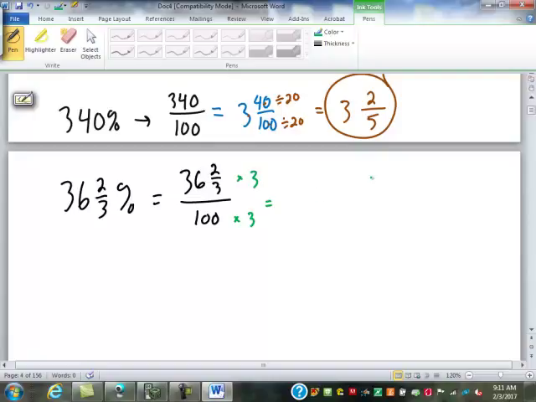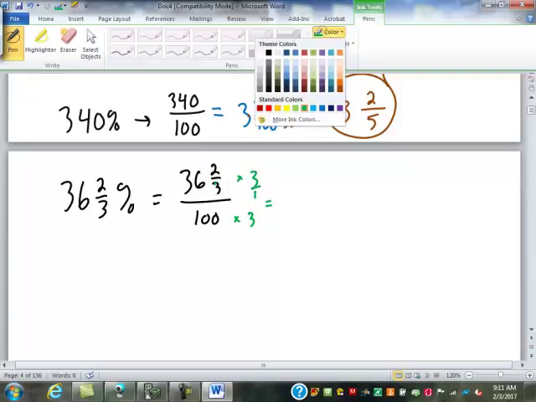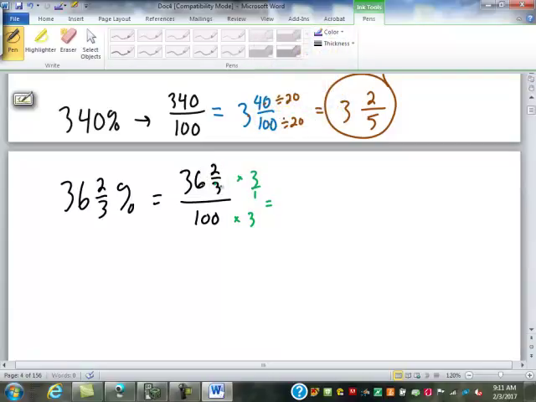Well, 36 2/3 times 3. I'm going to make that into a fraction by making it 3 over 1. I have to make this into an improper fraction. So 36 times 3 is 108, plus 2 is 110. So that's 110 thirds times 3 over 1.